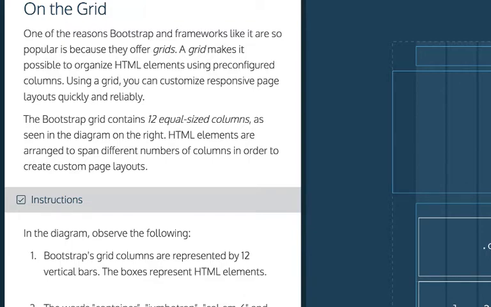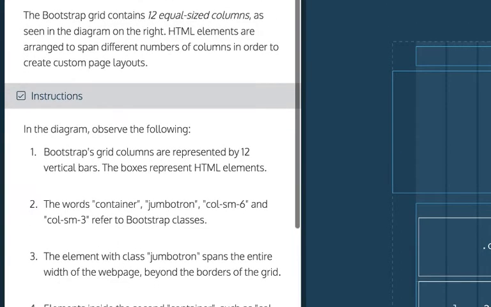Using a grid, you can customize responsive page layouts quickly and reliably. In Bootstrap, the grid contains 12 equal-sized columns, as seen in the diagram on the right. HTML elements are arranged to span different numbers of columns in order to create custom page layouts.